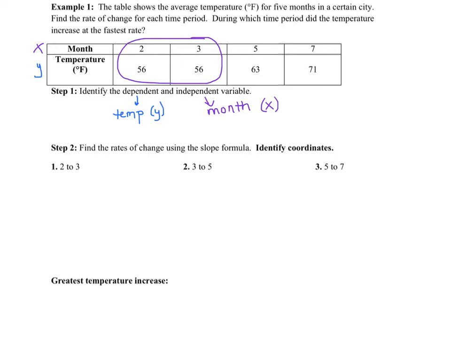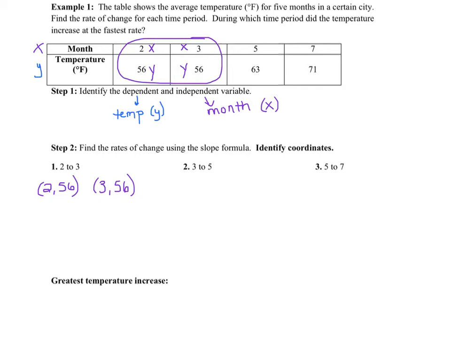We write down our coordinates: our first coordinate is 2 and 56, and our second coordinate is 3 and 56. This is your x value and that's your y value, our input and output, our independent and dependent variables.